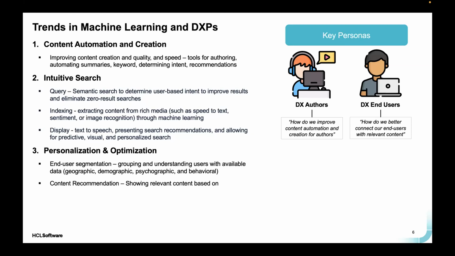We focused on these two key personas as part of our focus for the MVP and the roadmap items to come after. The DX authors, first and foremost: how do we improve content automation and creation for authors? And for DX end users, how do we better connect our end users with relevant content?